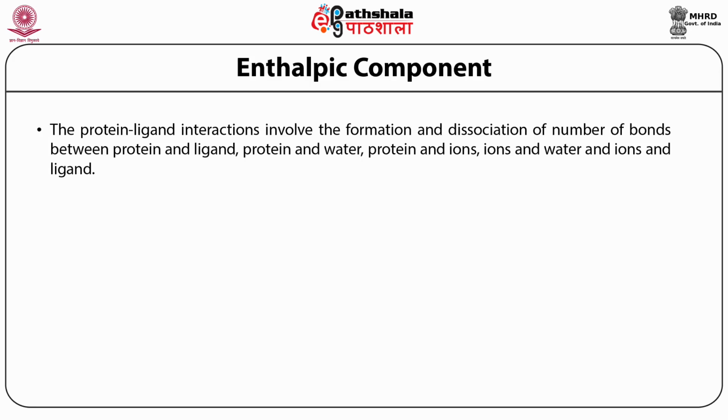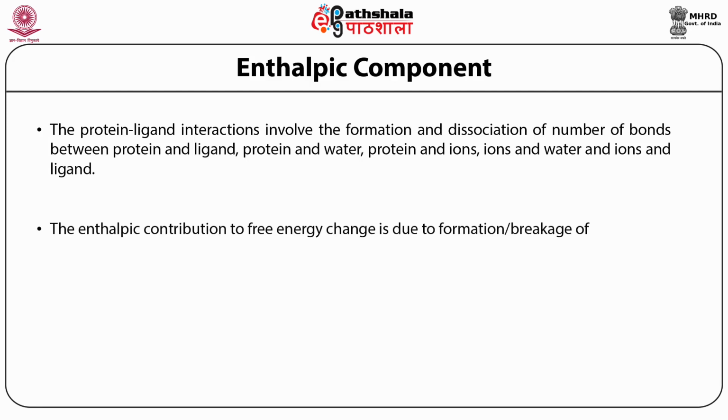Just the opposite case, whenever a bond is formed, heat is going to be expelled, or it is an exothermic reaction. So, total enthalpy change is net contribution from bond breakage and bond formation.